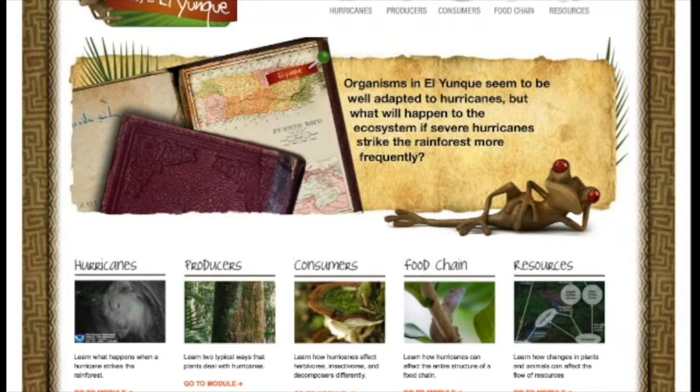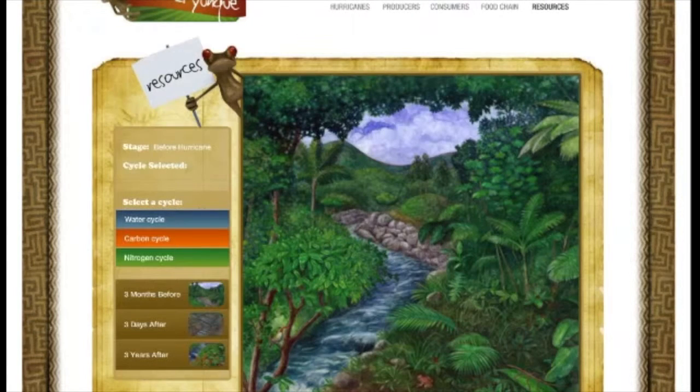So one of the aspects of the ecosystem is the abiotic resources and how the hurricanes affect the various resources in the rainforest, as well as how the changing of the biotic part of the environment also affects the resources. So we have a whole section of the program that deals with resources.